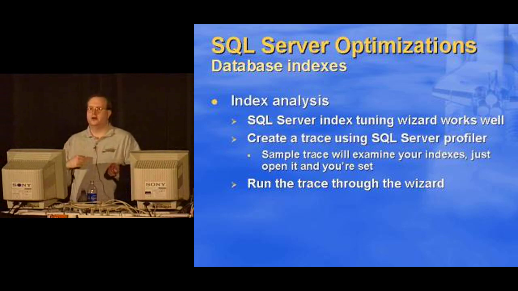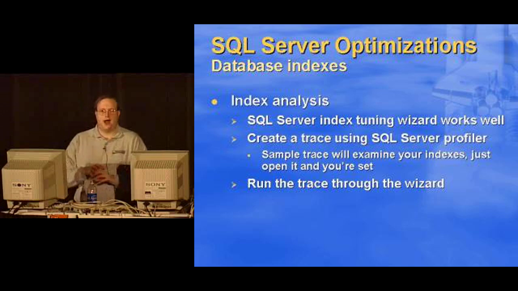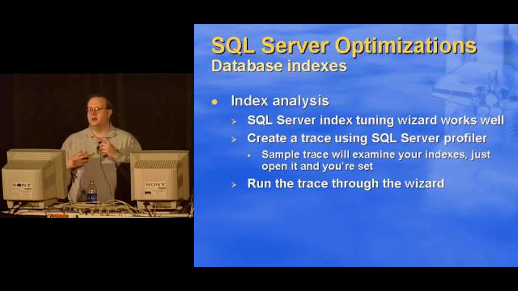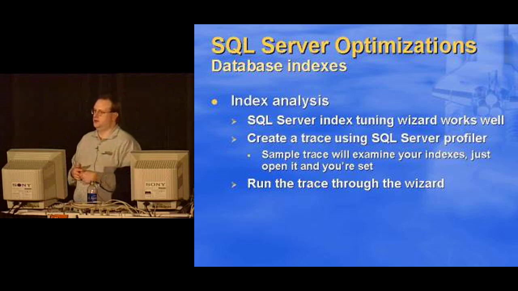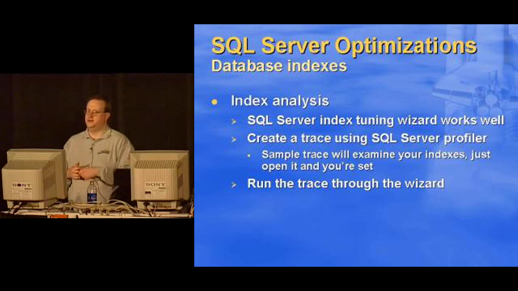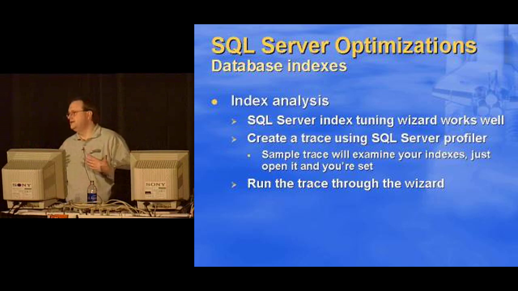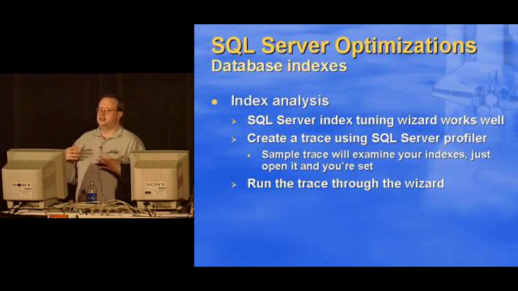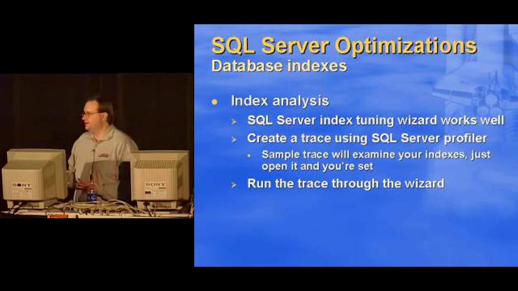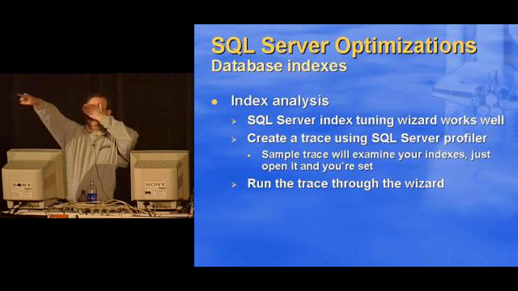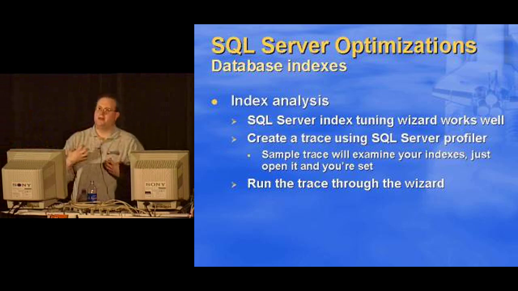After a while, you turn it off, save your trace out to a file, and run it through the tuning wizard, and it will tell you what it thinks you should do with your indexes. It'll tell you if you should add indexes or remove indexes. And when it's done, it gives you an estimation as to how much it thinks it will improve your performance. This is incredibly nice because it actually gives you feedback. You're not sitting there trying, maybe this will work or maybe this will work. You're actually getting feedback from the server saying this worked, this didn't.